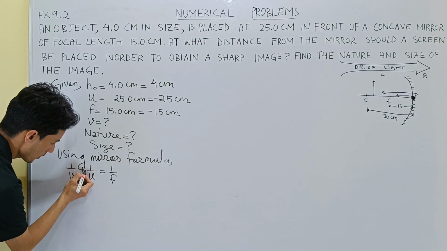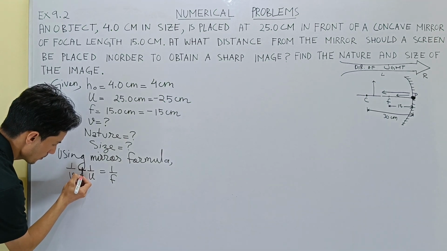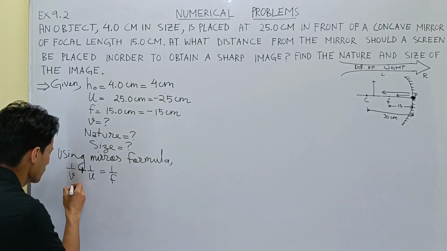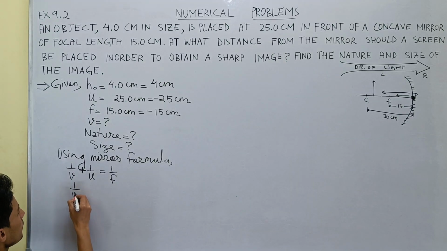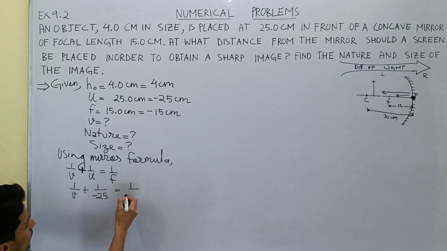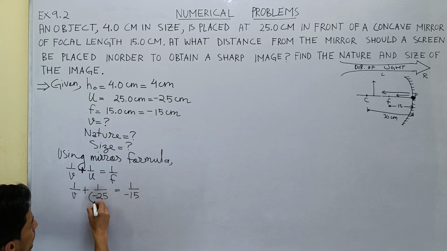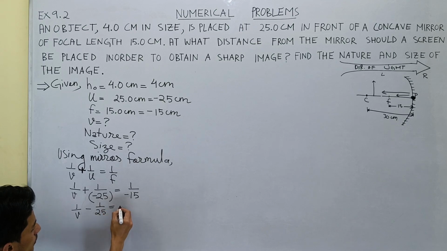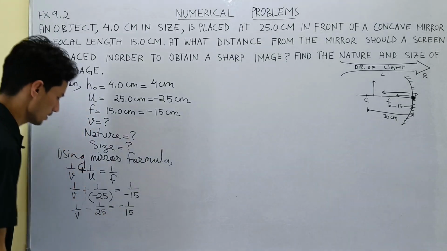So put the values. 1 by V, V value we don't have, plus 1 by U, U is minus 25, is equal to 1 by F, F is minus 15. Put a bracket here because plus and minus are together. 1 by V plus into minus, minus 1 by 25 is equal to minus 1 by 15, because the denominator does not carry the sign.